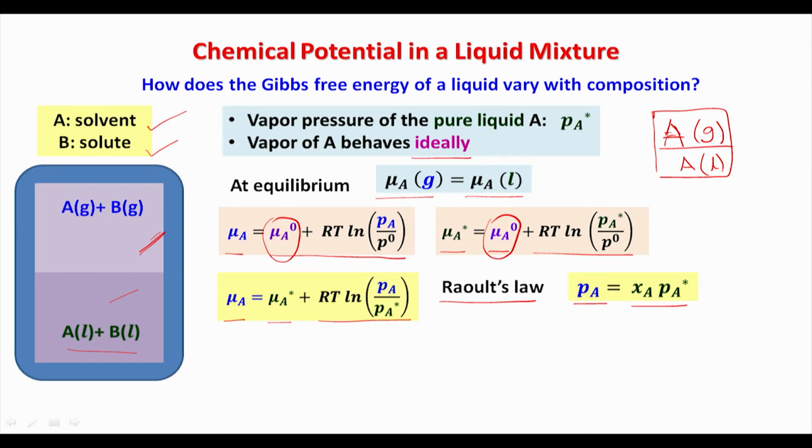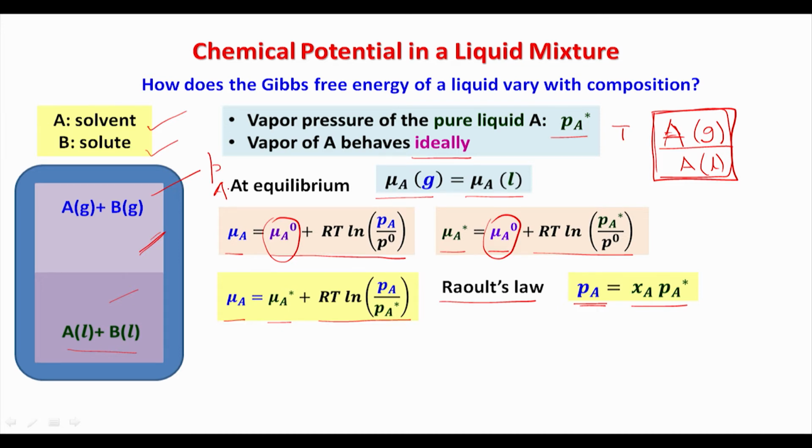And under such condition, if I think about this pure phase at the same temperature T, then PA star is the vapor pressure of the pure liquid A. And what I am talking about here is PA, which is the partial vapor pressure of A under such situation.